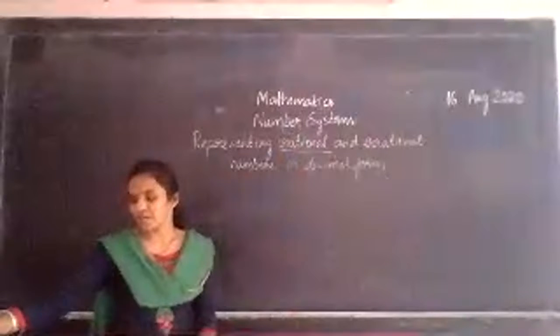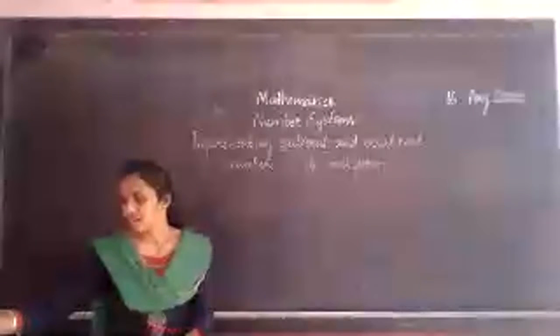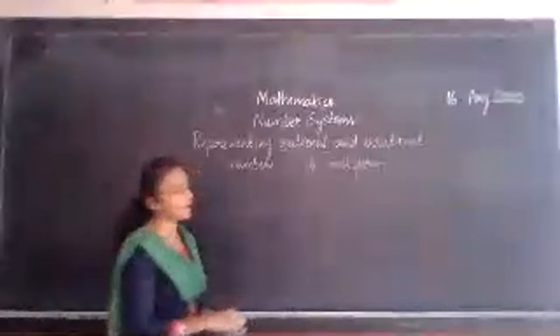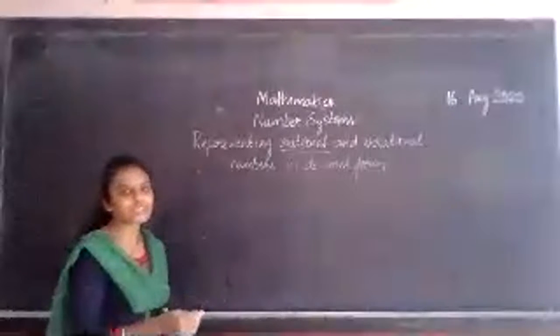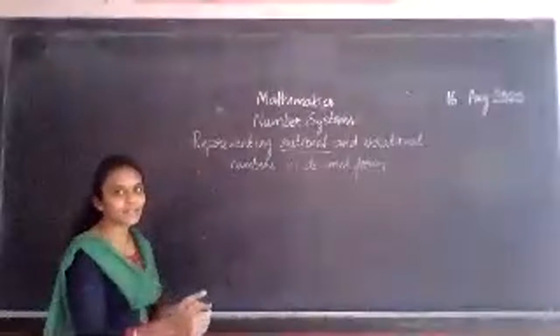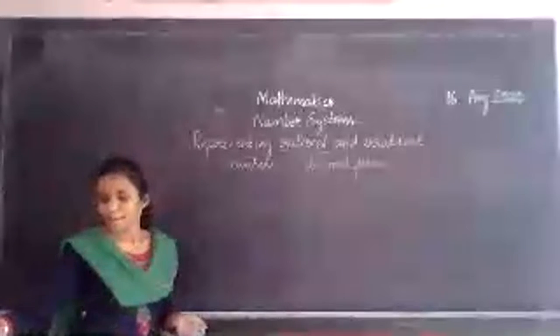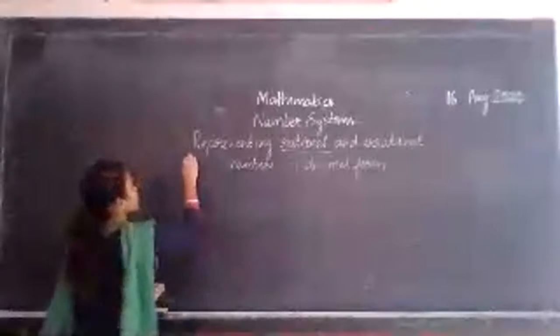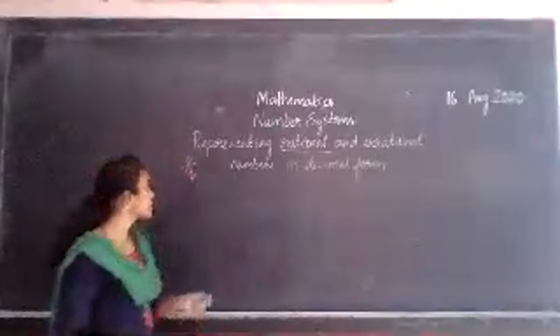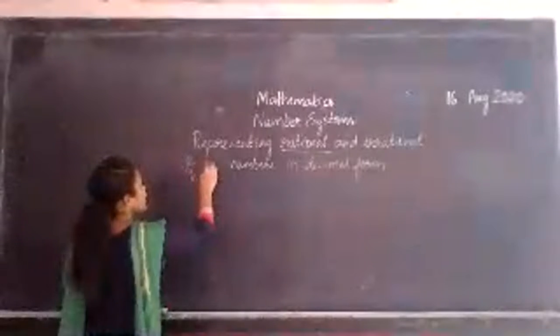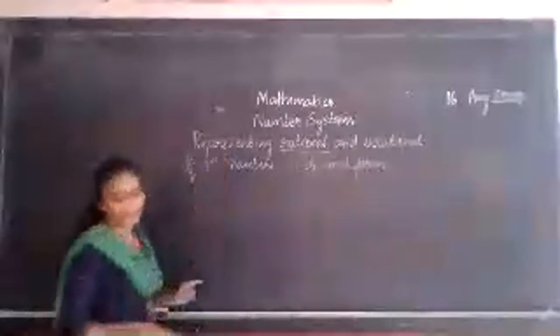Now, I will take a few examples. What are rational numbers? Rational numbers are the numbers which can be written in the form of p by q, where q is not equal to 0, right?